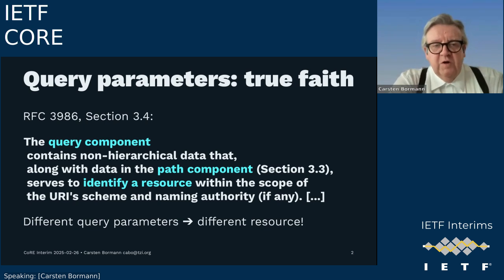And these all together identify a resource. So if you change a query parameter, you are talking to a different resource. So each query you can place on a server is theoretically a different resource. And that's certainly a useful thing for caching. So we are definitely not going to change that.